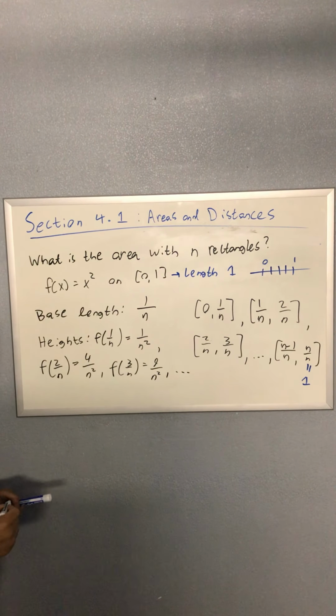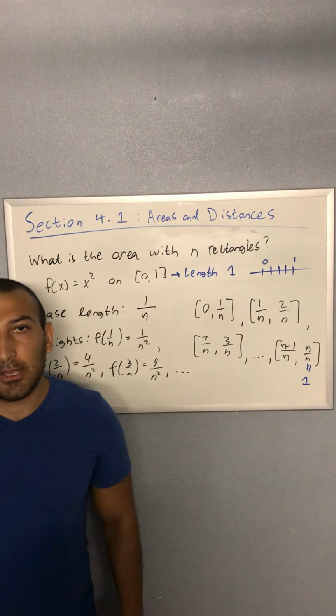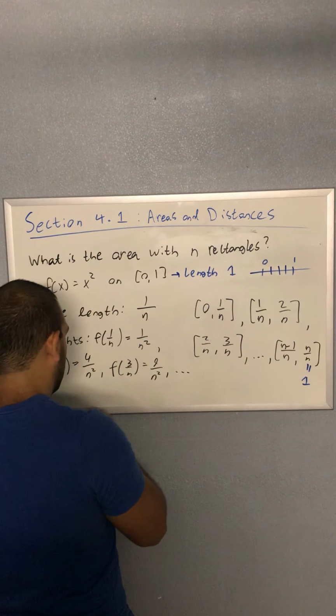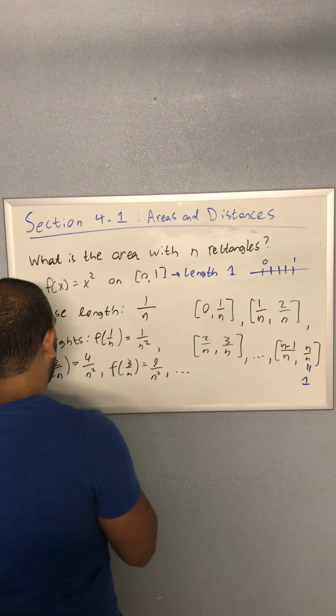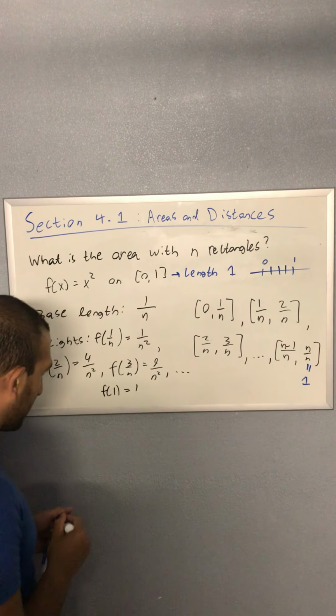We just keep repeating this for an arbitrary amount, until we get to f of 1, which we know is just 1, okay?